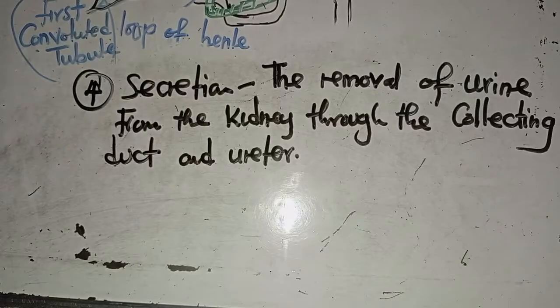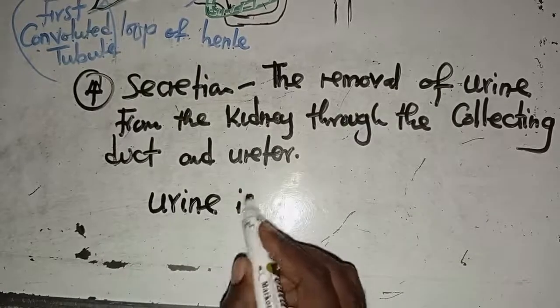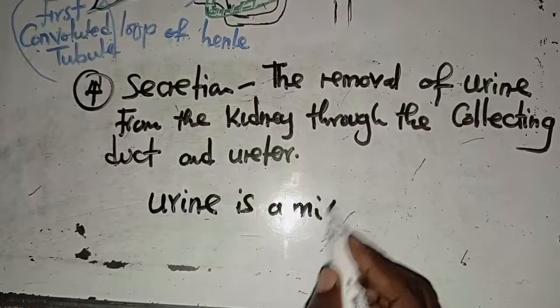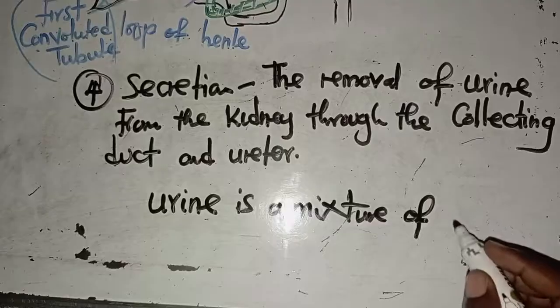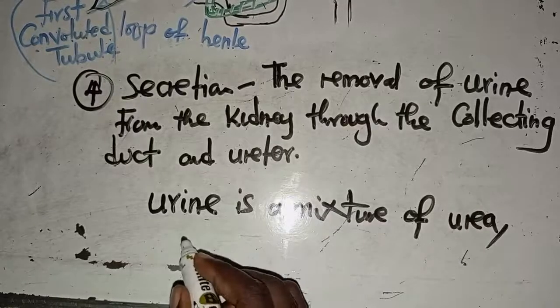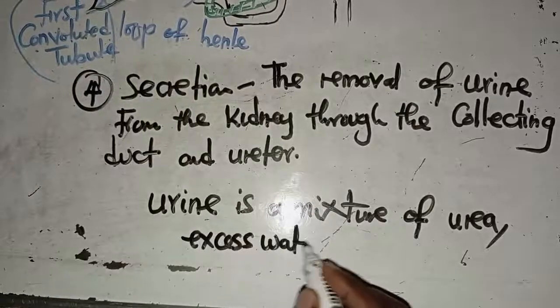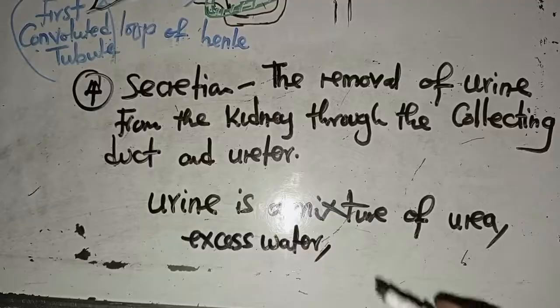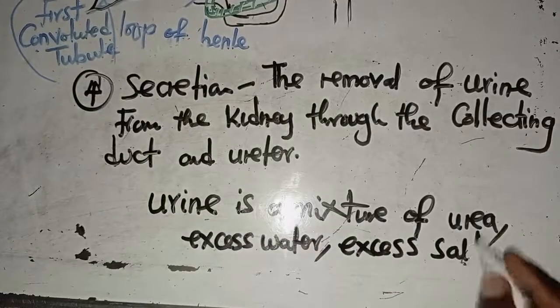So you discover that the urine that gets to form is a mixture of urea, excess water, and excess salt.